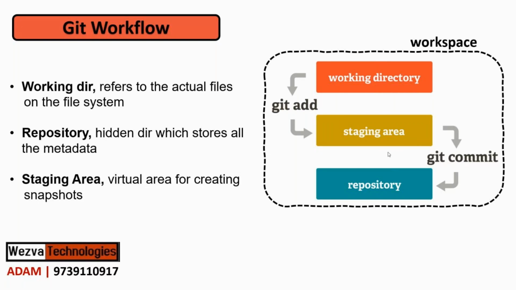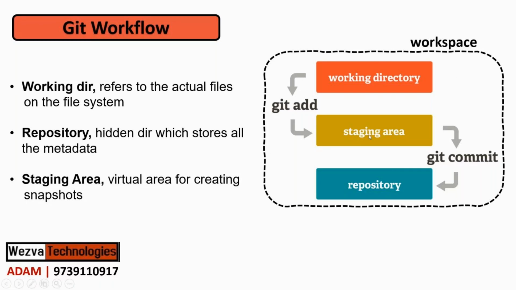Okay. So now in the Git client, when you say git commit, it is not going to take the files from the working directory. It is going to take the snapshot you have stored in the staging area, and from there it will put it into the repository. So as a user, after you have done the clone, you go to the working directory, modify the files you want, and add them to the staging area.